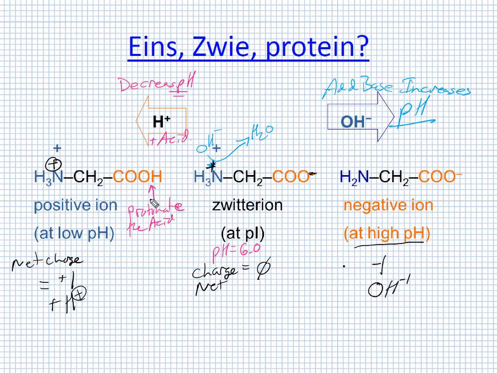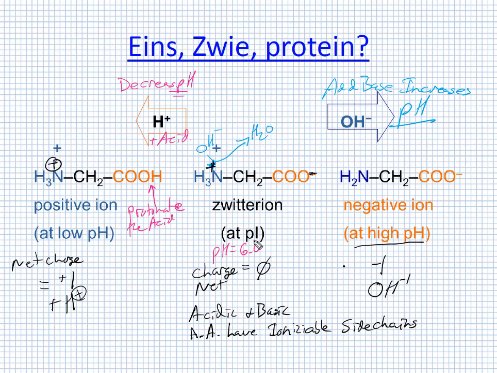Now, we're only dealing with glycine here, and we haven't talked about anything that has an ionizable side chain, but let me just mention here acidic and basic amino acids (AA) have ionizable side chains. I won't get into the details here, but they can still have Zwitter ions.